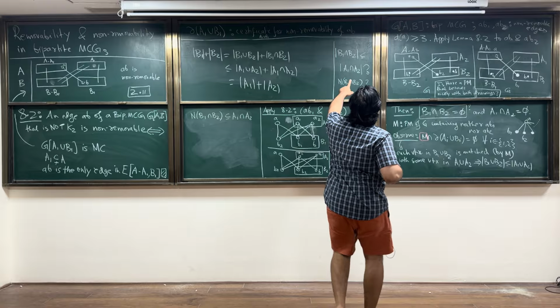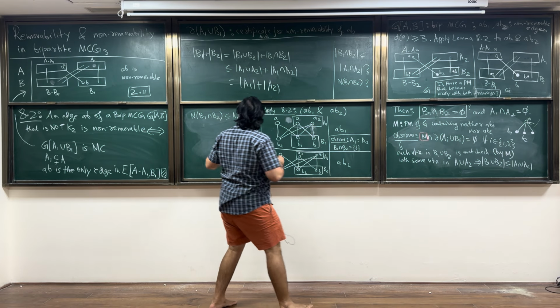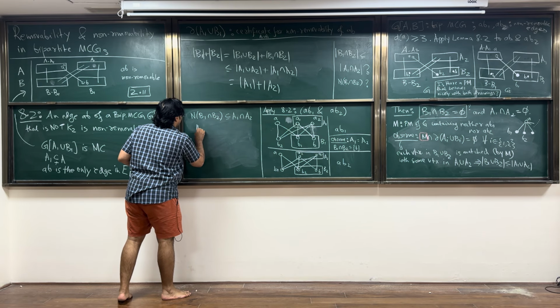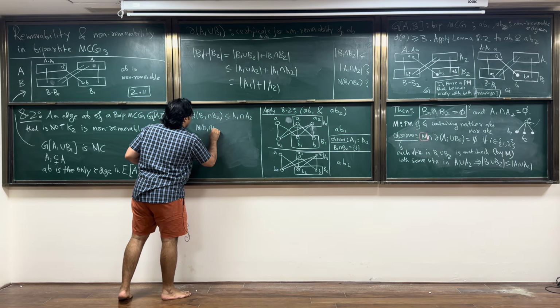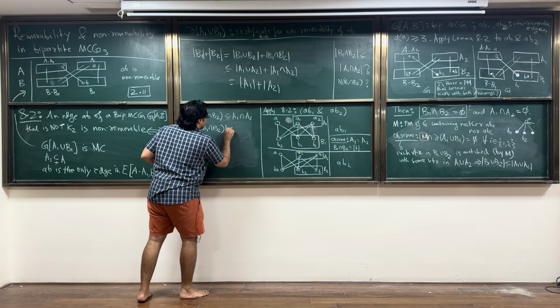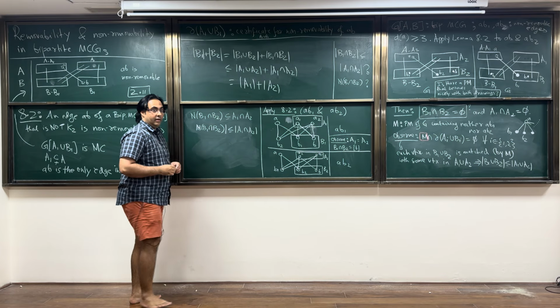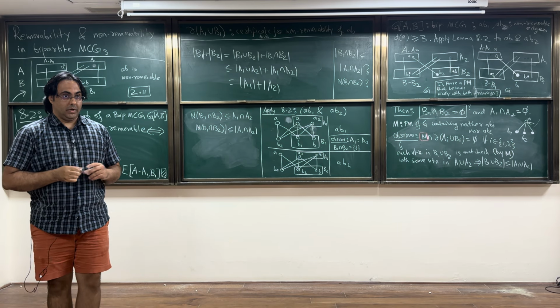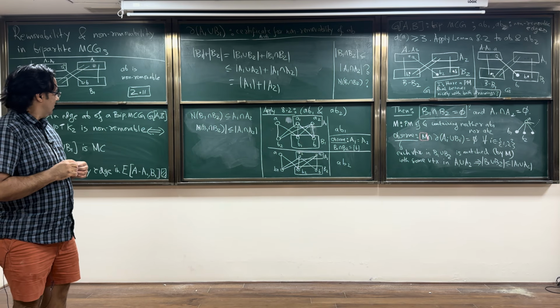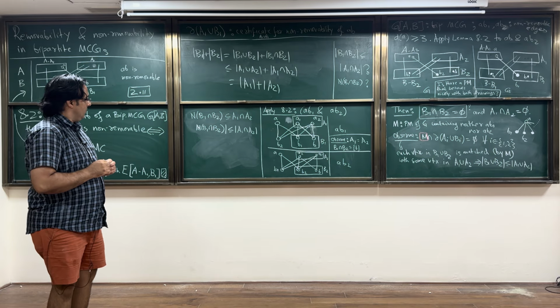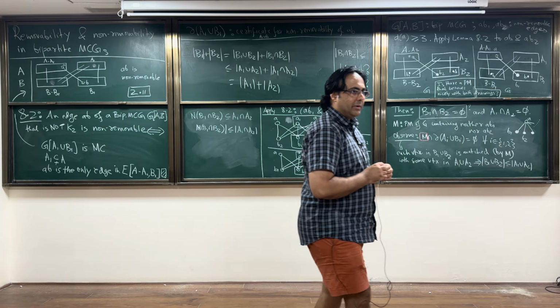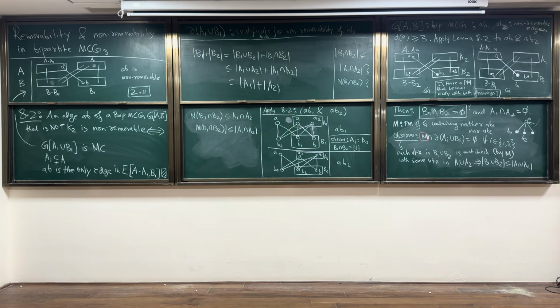And we wanted to prove this. Well, we know that this is true. The neighborhood of B1 intersection B2 is a subset of A1 intersection A2. You agree? Yeah, this is true. What can we say about B1 intersection B2 and its neighborhood? Do we know anything about the cardinality of a set and its neighborhood when the set itself is monochromatic?